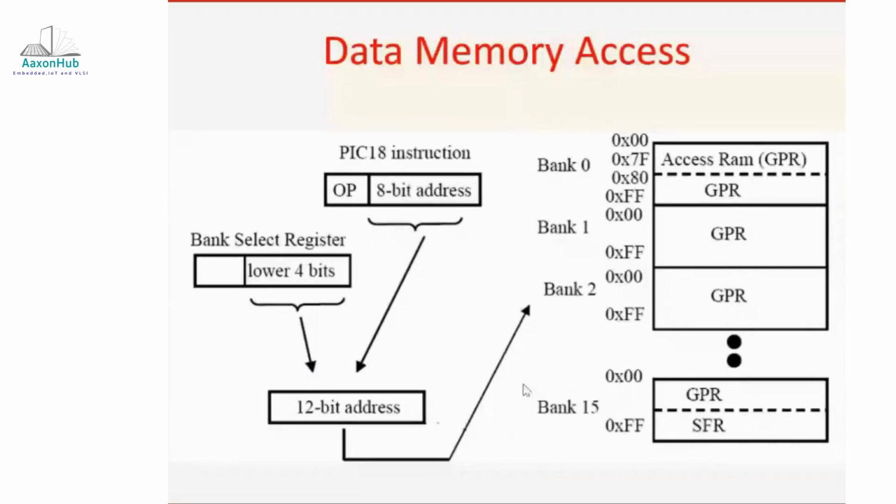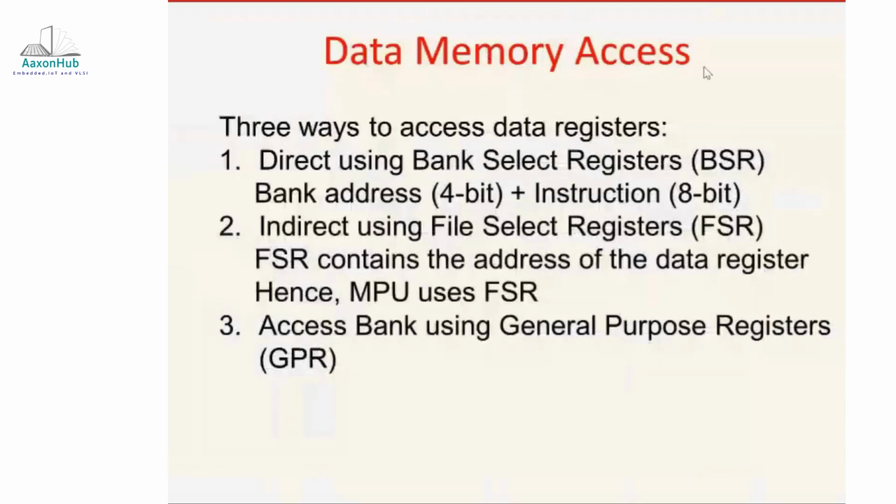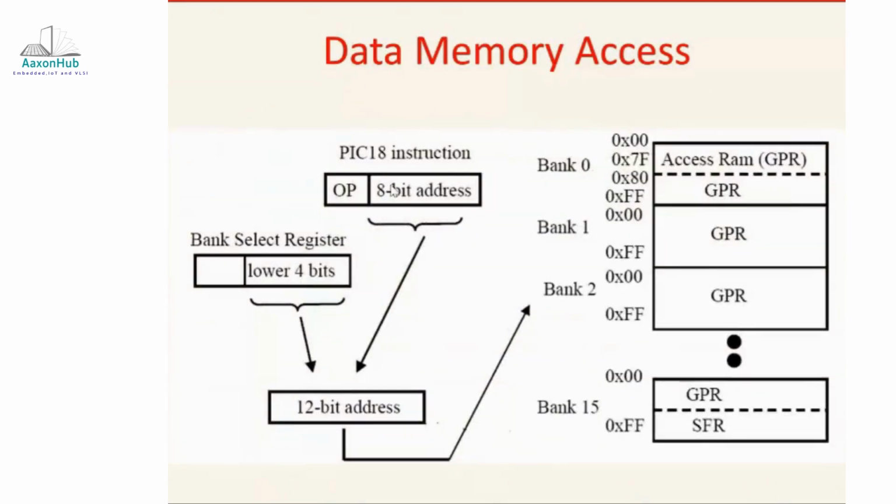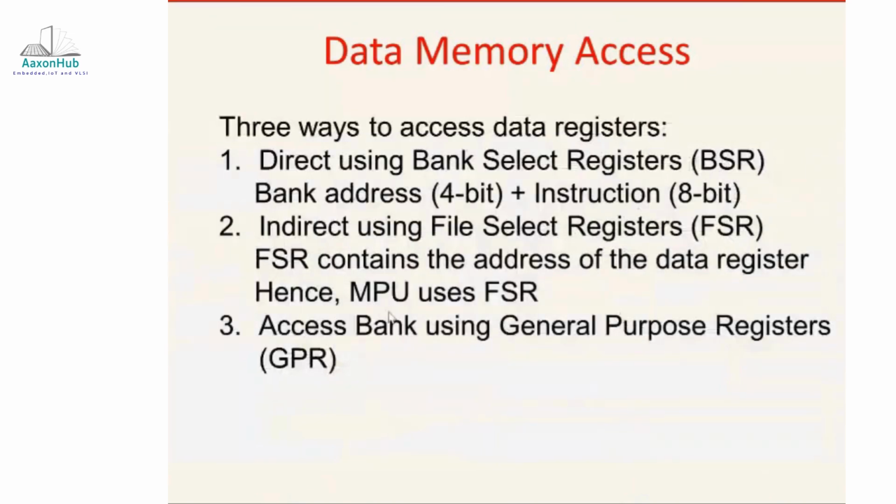There are 3 ways to access this data memory location. One is direct, using your bank select register. For direct, you read 4 bits plus 8 bits from your instruction, and likewise generate 12 bits for reading data from that particular data register. The other way is indirect, similar to the indirect addressing mode, where you use a file select register that contains the address of your data register.